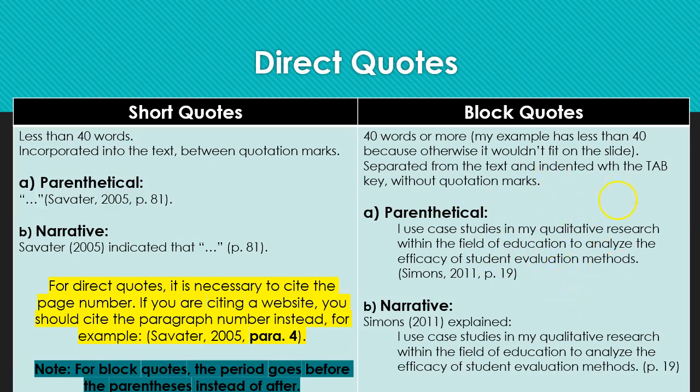So my essay is justified along the left margin, and I need to indent every line of the block quote with the tab key to separate it from the rest of my text. It's not necessary to use quotation marks. And the difference between a block quote and a short quote is also that after the citation, the period goes before the parentheses.